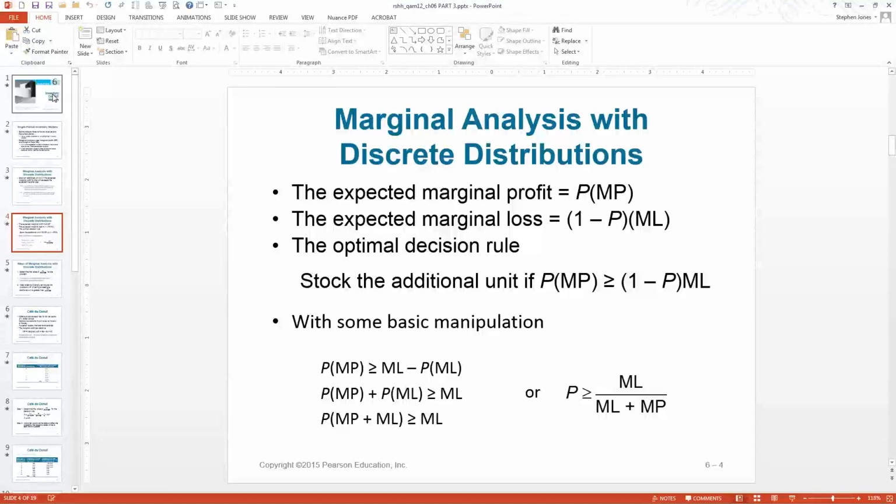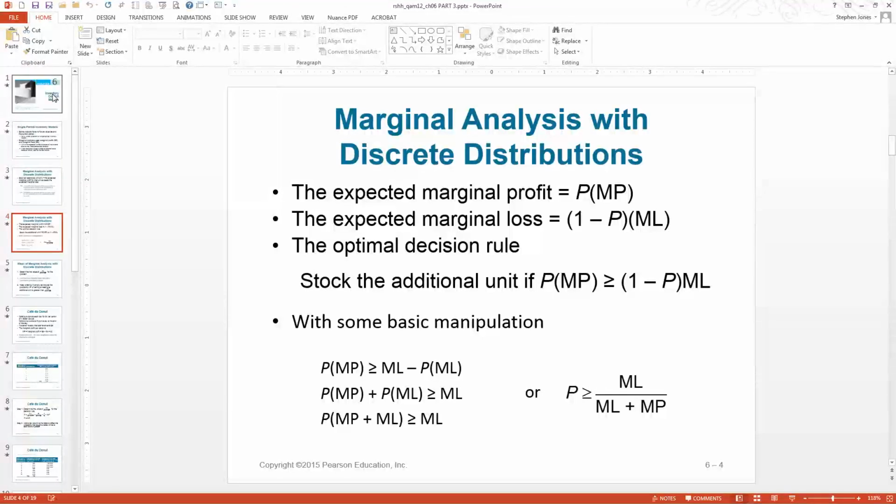So if the probability is 60%, then 1 minus P would be 40%, and that would be times the marginal loss. And that's going to be a distribution out there. It's not going to be just one. The probability is not just 60%. It's going to be at different levels. We're going to look at that in the next chart.